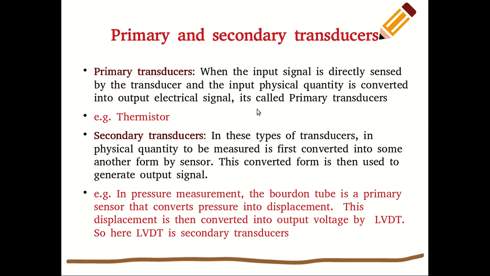Whereas in case of a secondary transducer, the physical quantity to be measured is first converted into some other form, and this converted form is then used to generate the output signal. So this is the way by which a transducer is classified as a primary transducer or a secondary transducer.